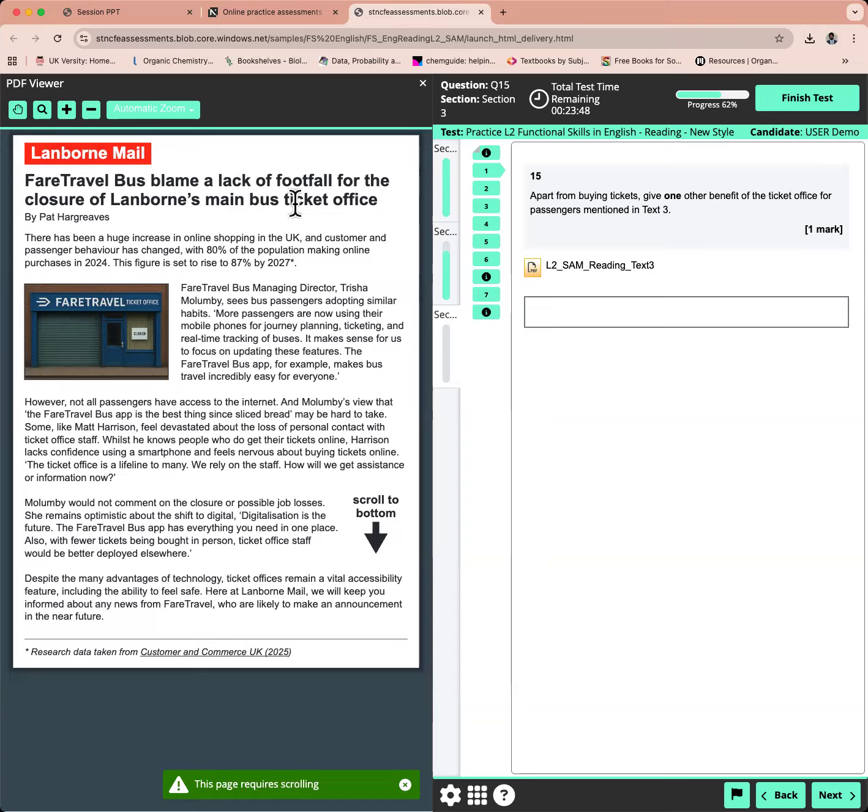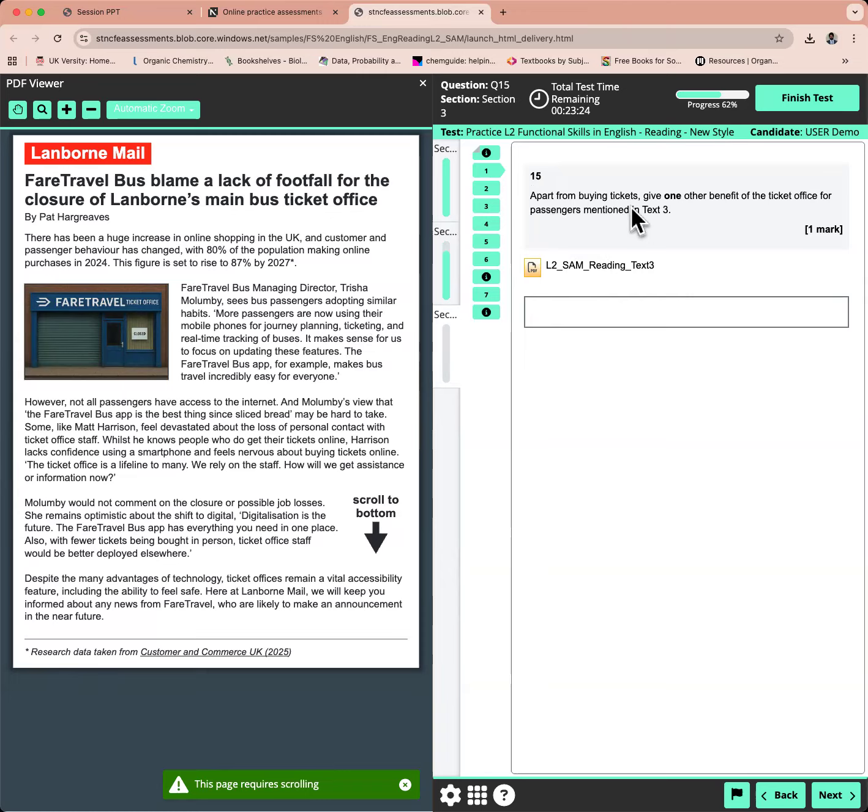So what the journalist has written is that people have taken to the app, and because they've taken to the app, the local office in the city street, which used to dispense tickets, where people used to come in and actually buy tickets, has ended up closing because the app has been quite successful. Now, reading this particular paragraph and the text would allow you to answer some questions.